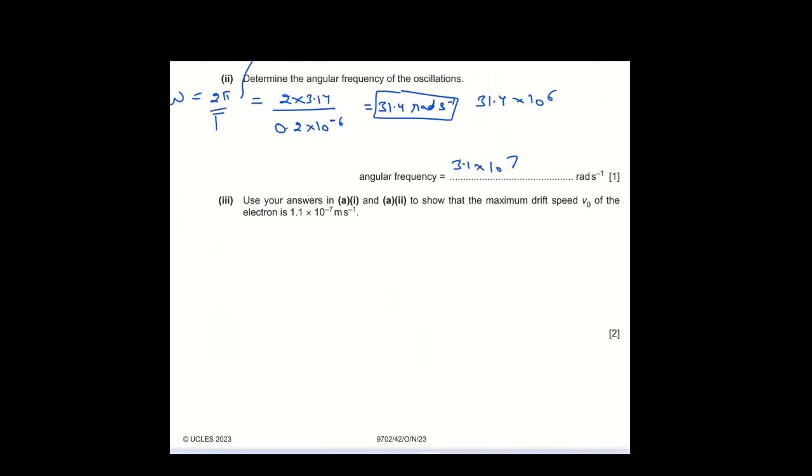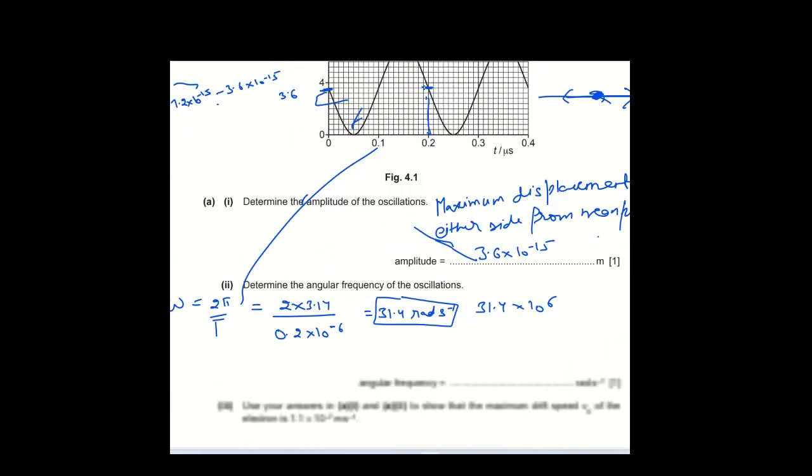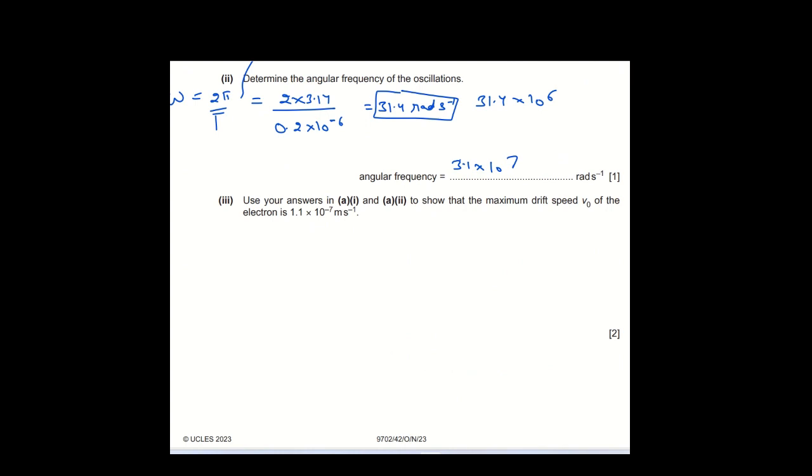Third question is, use your answer to show that the maximum drift speed V naught of the electron is this. Now maximum speed we have to calculate. The electron moves randomly about a mean position, and the mean position is oscillating with simple harmonic motion.